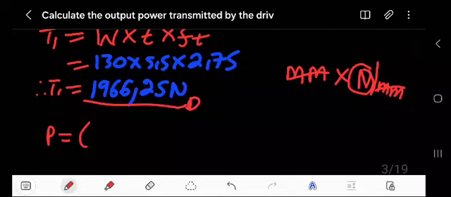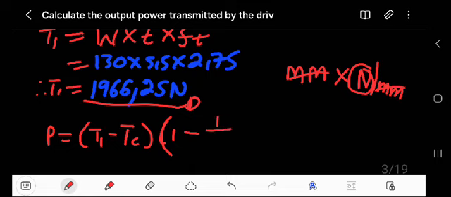There is this formula: T1 minus TC, into 1 minus 1 over e to the power of the coefficient of friction times the angle of wrap.